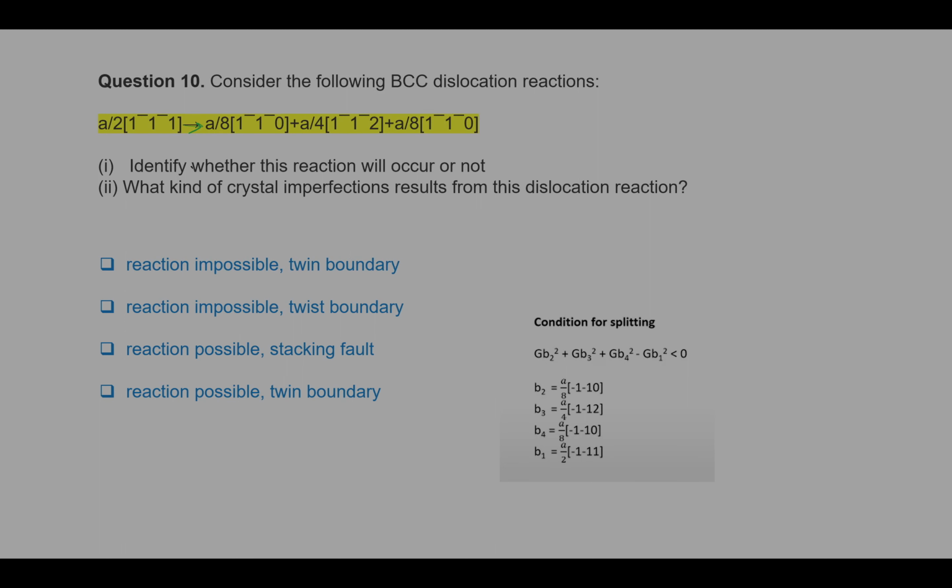So first identify whether the reaction will occur or not. Then what kind of crystal imperfections result from this dislocation reaction.